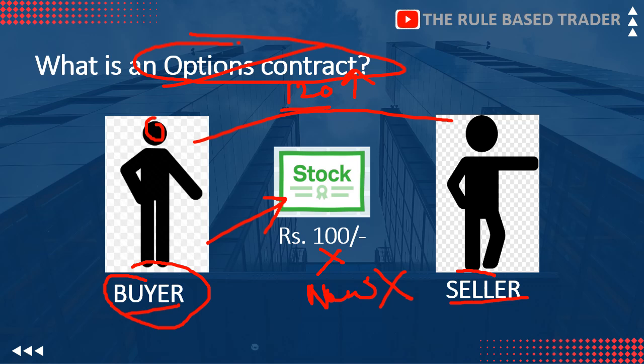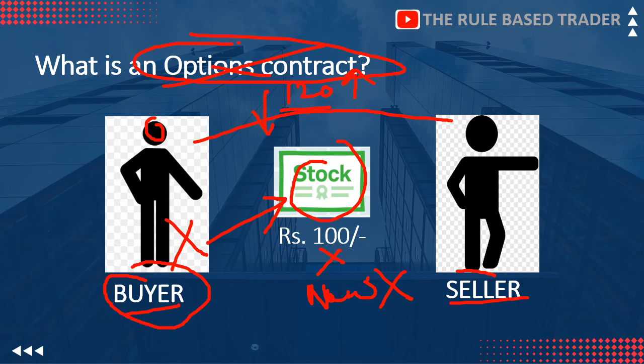This means the buyer has the option or right to buy that stock if its value goes above 120 rupees, and at the same time the buyer is not obligated to execute this contract if the value of the stock stays below 120 rupees within the time period.